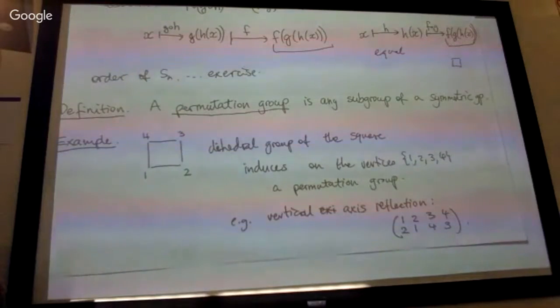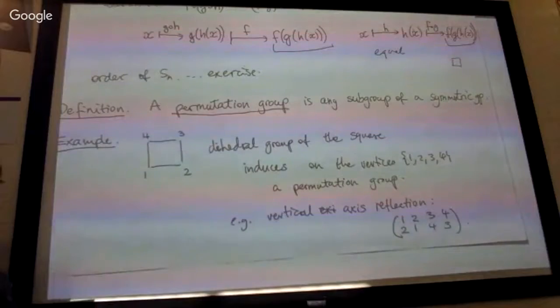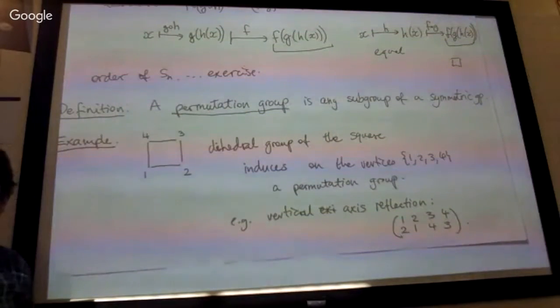Yeah? And that's an example of a permutation group. Immediately you get a permutation group just in the square.